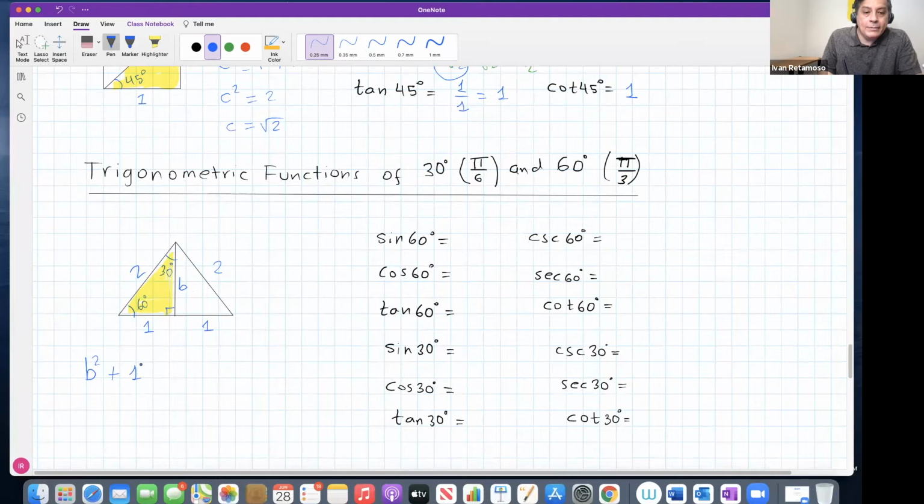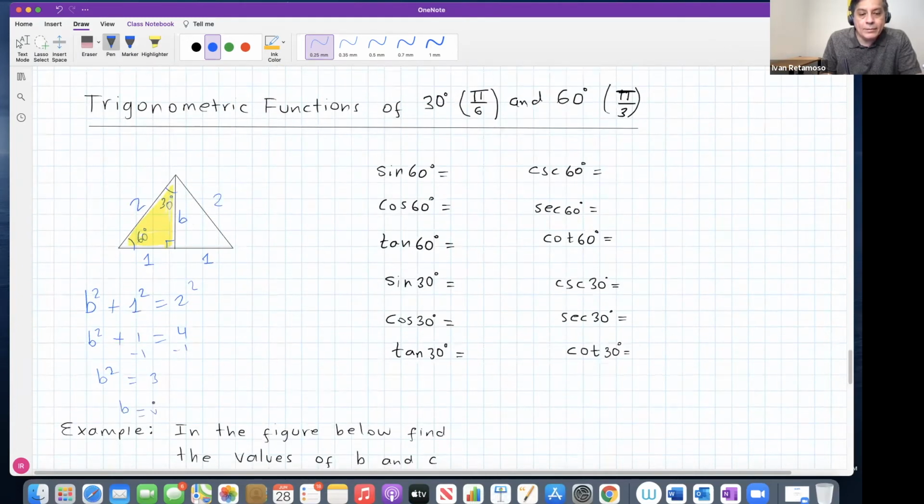B squared plus 1 squared equal 2 squared. Doing the math here is equal to 4. B squared equal 3. B equal square root of 3, right? We found it. So this is equal to square root of 3.